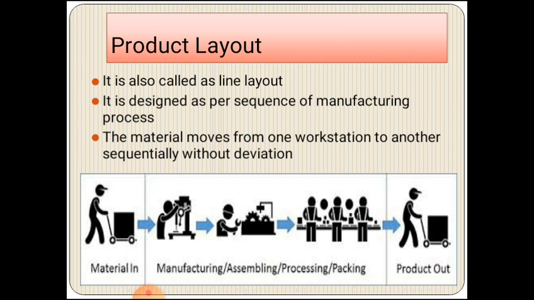It is a product layout where all the machineries are arranged in such a way that the product moves in a line, in a forward direction or in a sequence. When one activity is completed, another activity starts at the next workstation, placed where the product is going to pass.